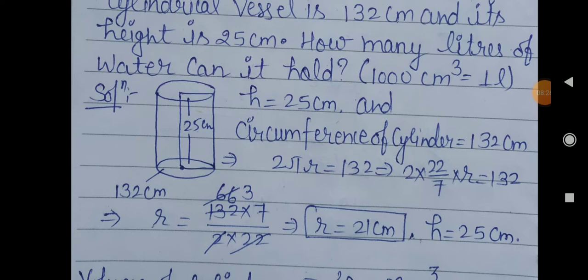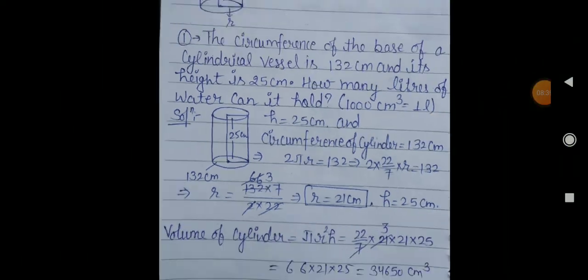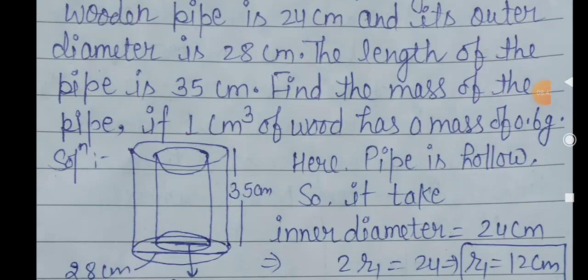By this way you have your answer, and you have understood how to work with these questions in this exercise. Now we will explain the next question. The next question is on your screen, you have to see here.